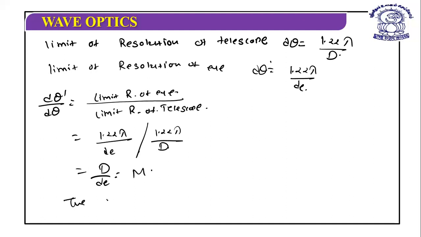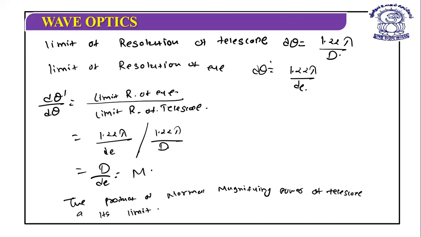So the product of normal magnifying power of telescope and its limit of resolution is equal to the resolution of unaided eye.